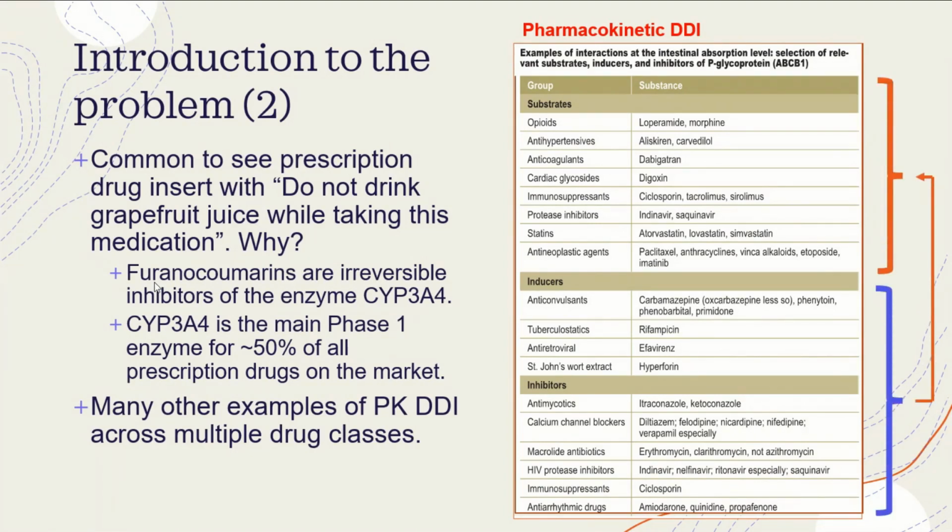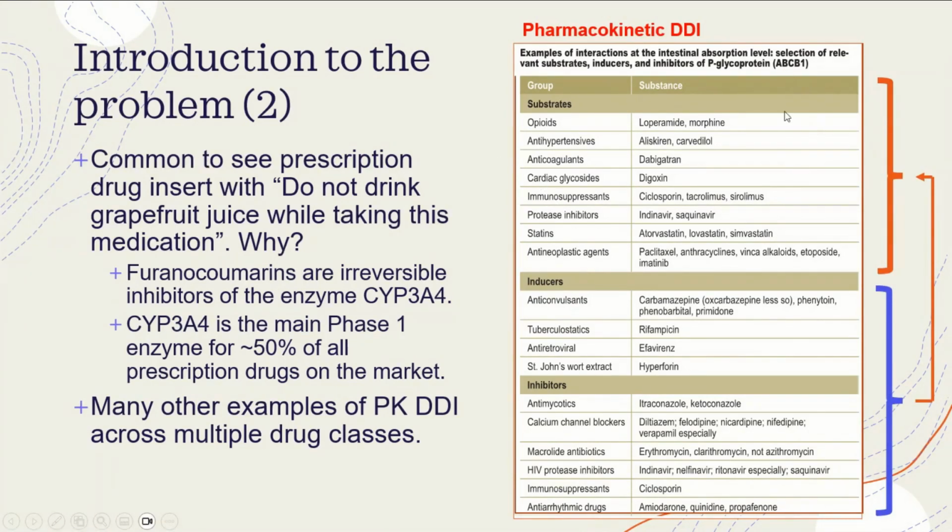This table on the right is showing one particular transporter called ABCB1, which has as its substrates a variety of different drugs that use this for transport. And then we have a series of known drug-drug interacting inducers and inhibitors that are affecting these particular substrates.